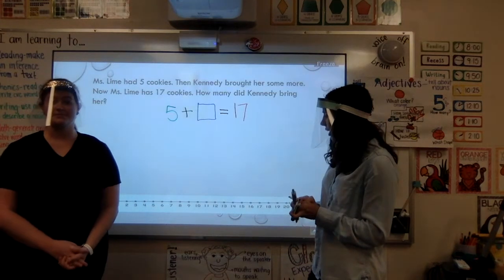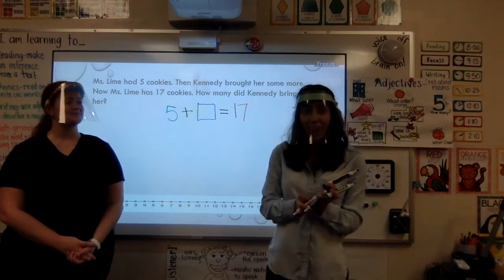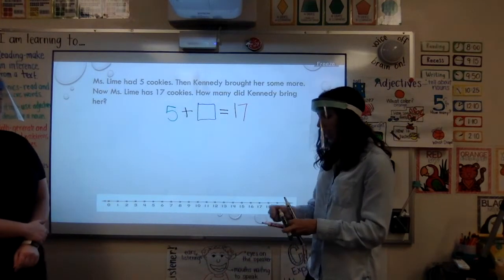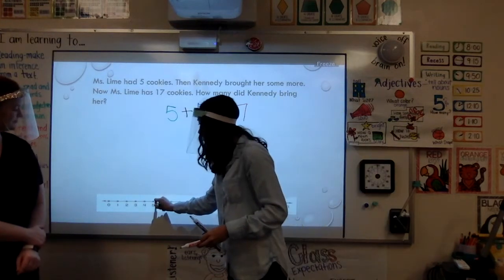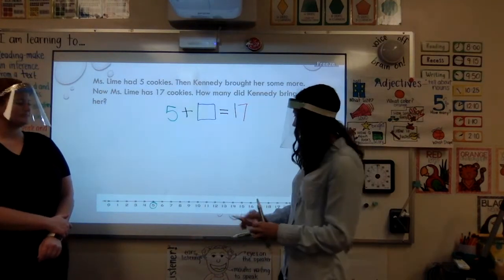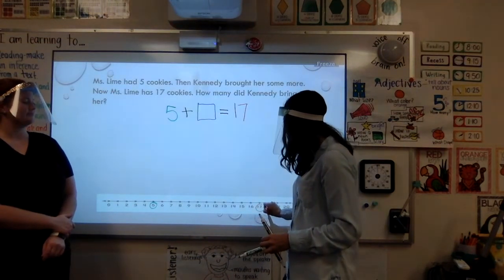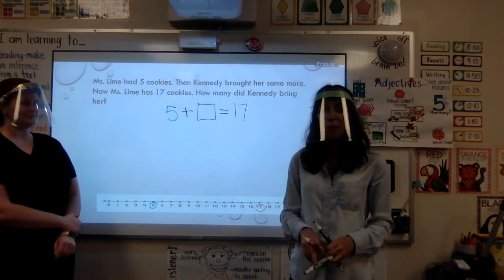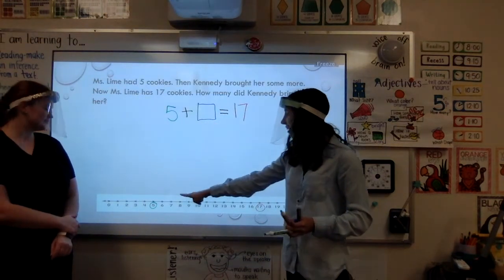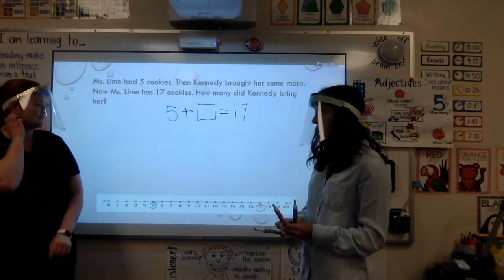I'm going to use a number line to solve this problem. I'm going to start at 5, and I know my result at the end should be 17. So I'm going to circle both of these numbers on my number line, and see how many jumps it takes to get from 5 to 17 cookies.